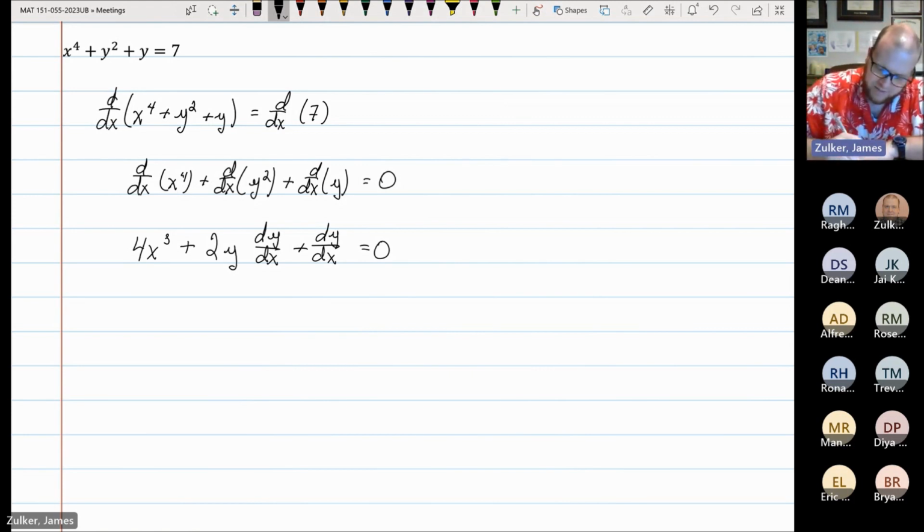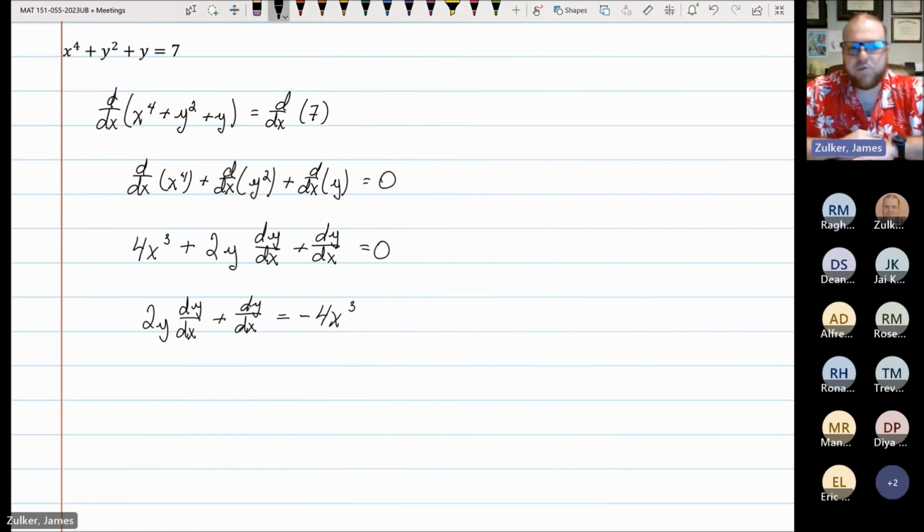So in this case, we just subtract 4x cubed from both sides. Next step is to then factor out the dy dx.